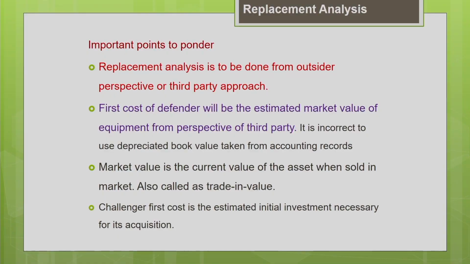Let us see the important points to be kept in mind in replacement analysis. Always, replacement analysis is to be done from the third party approach or the outsider perspective.